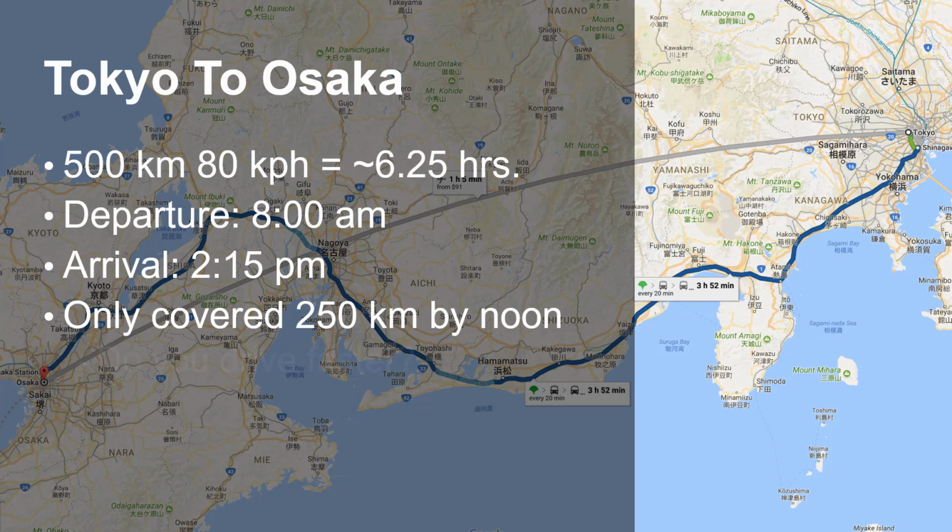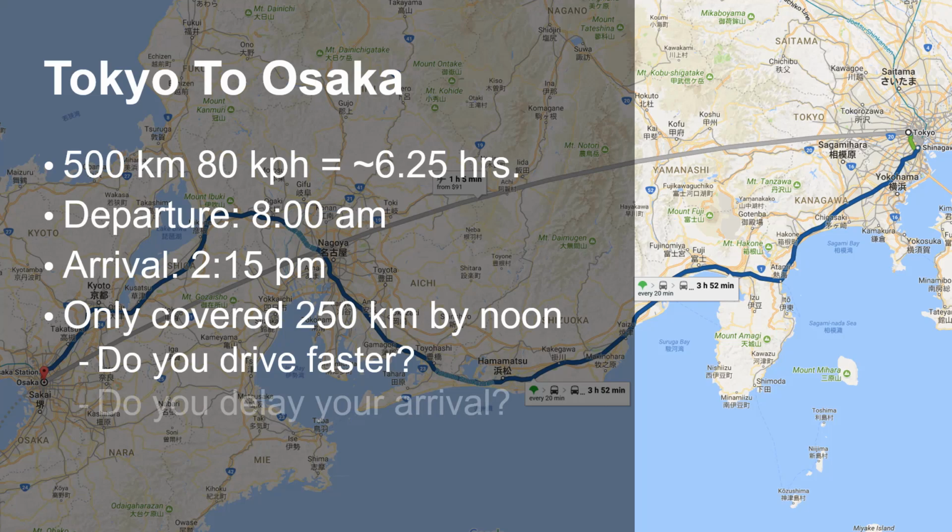There are two questions. Do you go faster and try to make your original arrival time, or do you delay your arrival time? By the time we are done with this example, you can astonish your family with your EVA knowledge the next time you are late for dinner at a friend's house.